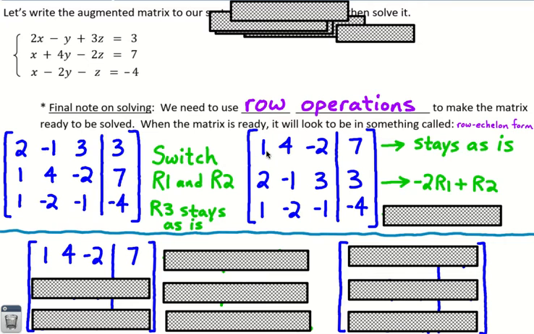I need to multiply this by a -2 to make it opposite of this 2. And then when I add them together, I'm going to make it a 0. But of course, it's got to be to the entire row and the entire row.